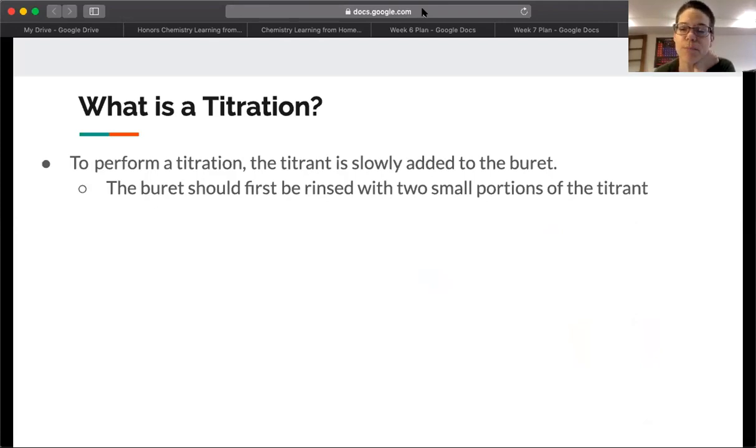The stuff in the burette is supposed to be the thing you know, and its concentration is supposed to be exact. So if there is any water left over in the burette, it will dilute your sample and mess up your calculations. I don't think they'd ask about that, but just in case.